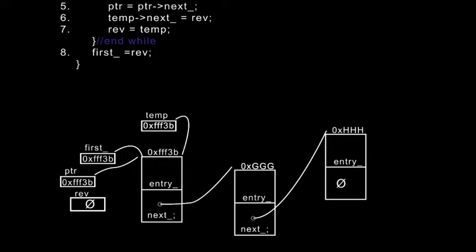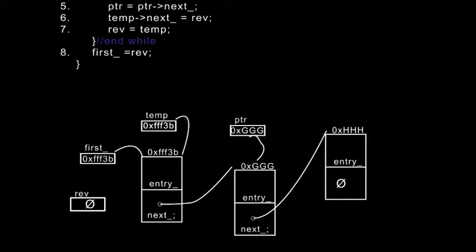Let's move on to line 5. Line 5 says take a look at what PTR's next member is and put that into PTR. This will change PTR's pointer and effectively make PTR move to the next node.